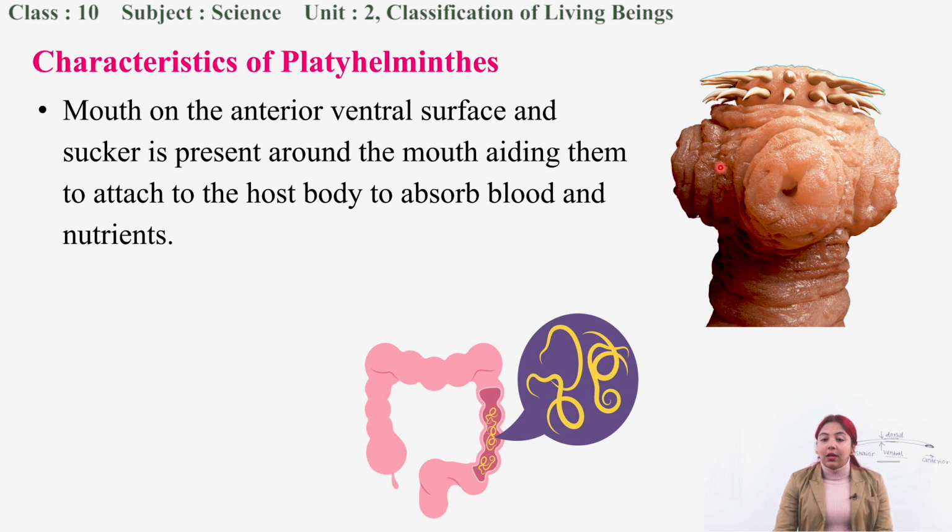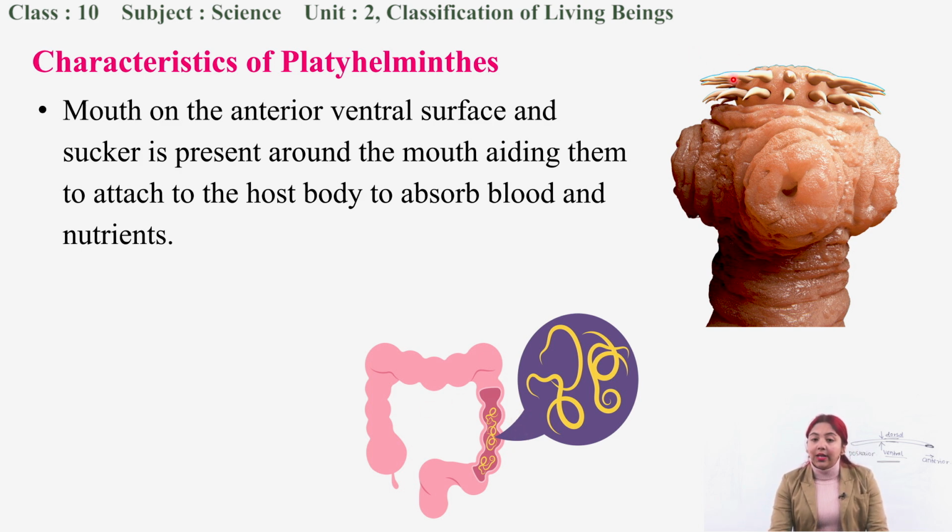Now, the suckers help the tapeworm attach to the intestinal wall so that it can absorb the nourishment from it as well. So they ingest food from the intestine through suckers as well.